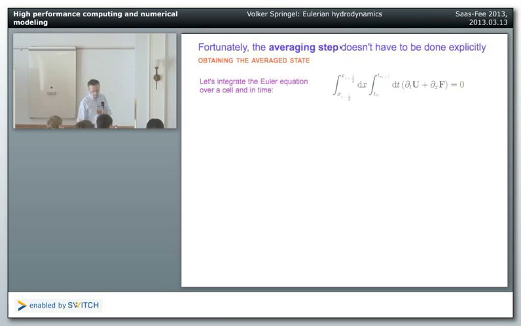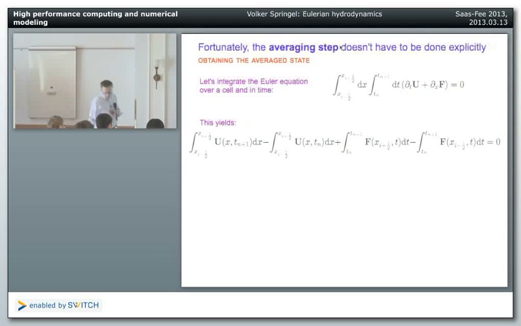You see it like this. If you take the Euler equation again, it is equal to 0, right? We have the time derivative of the state plus the flux in one direction. Now let's integrate this in time and in space. If you expand this integration, you get the spatial integration over the state at the final time and at time tn.